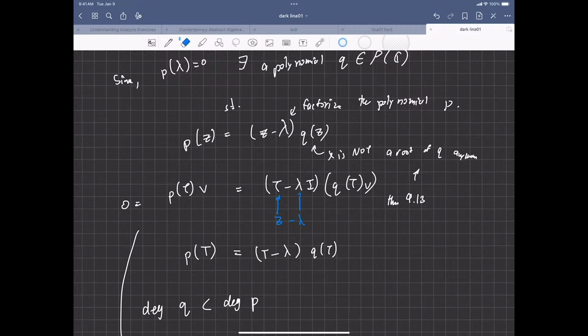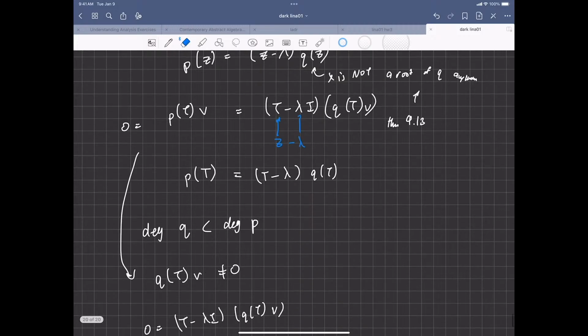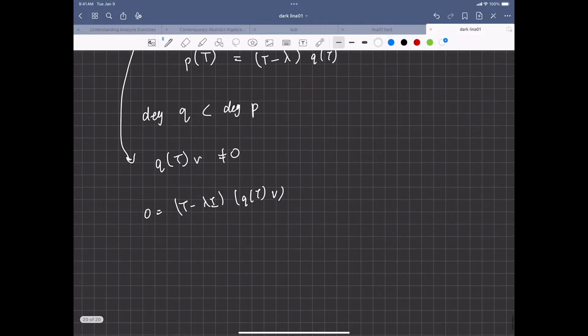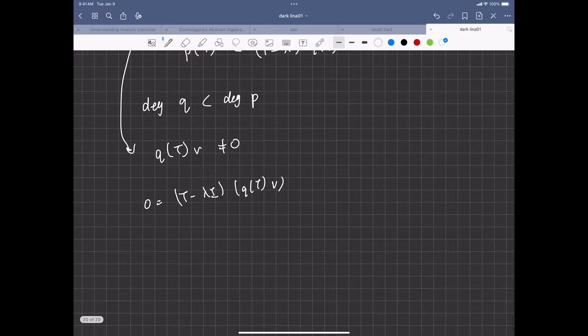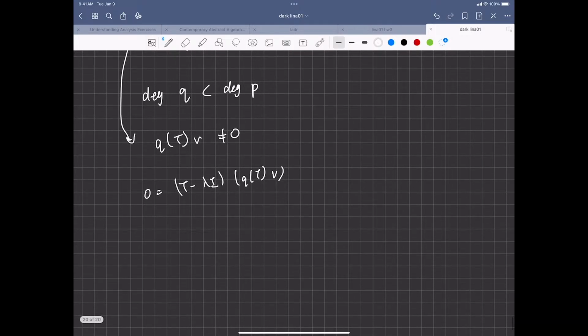So where were we again? Because this lambda here is not a root of Q, what is going to happen here? This means that T minus lambda I here is not zero. So now we're treating this as a vector, and T as a linear operator.